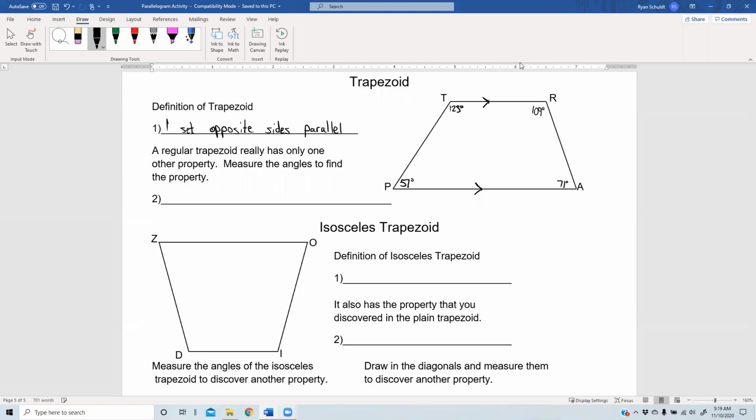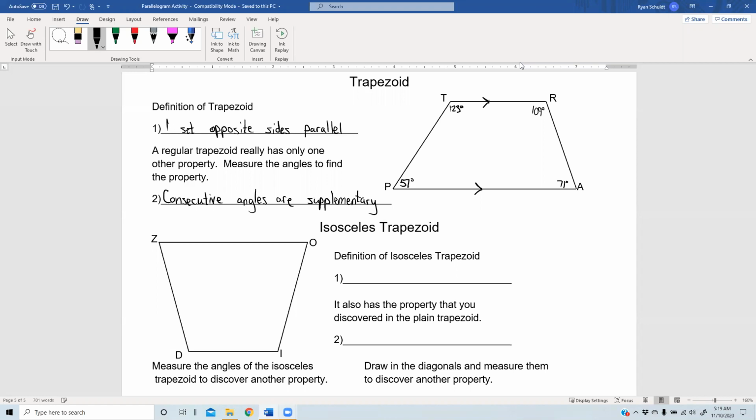That's because consecutive angles are supplementary. That's the only real other property that a regular plain Jane trapezoid has.